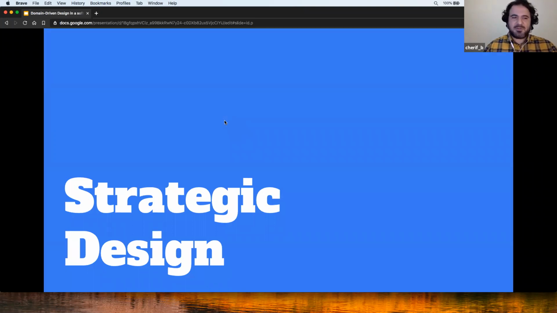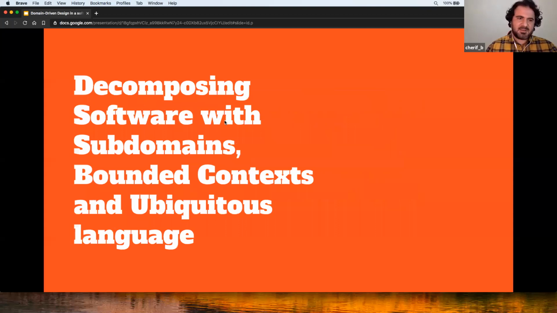The first part is strategic design. Strategic design helps us decompose software with subdomains, bounded context, and ubiquitous language. Those patterns help us understand the domain that we are working on as a whole.